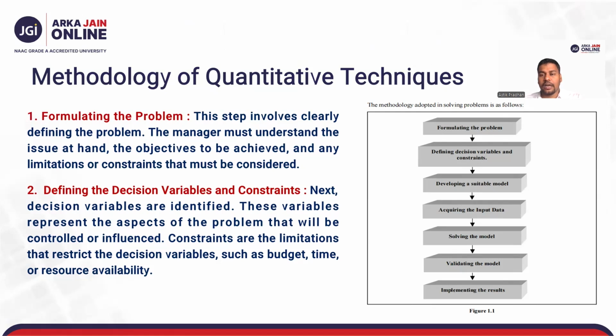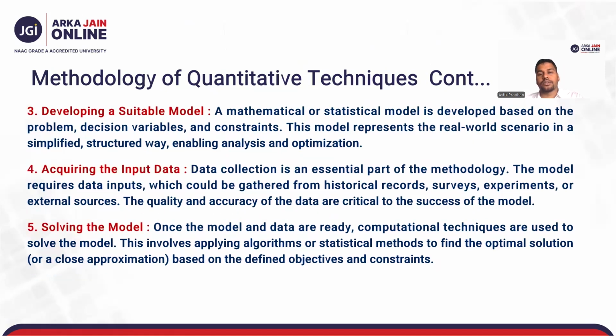The third step is developing a suitable model. A mathematical or statistical model is developed based on the problem. If we don't know the problem, it is very difficult to develop the correct statistical model.